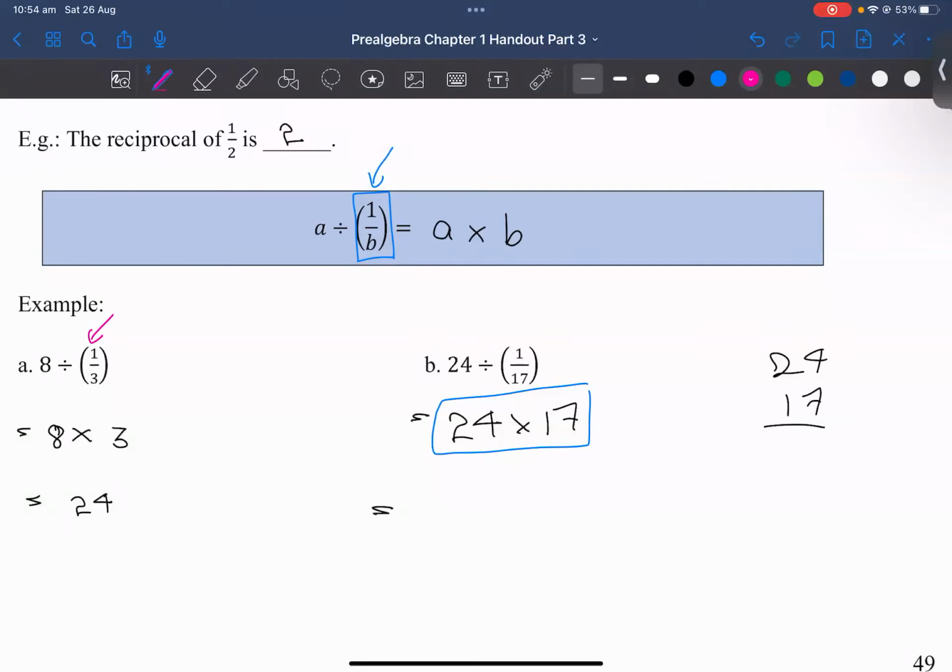What's the 24, is it the one you carried, or is it part of this number? Oh, that's the one I carried. So 24 times 7 is 168 already. It should be 20. First of all, 24 times 7.